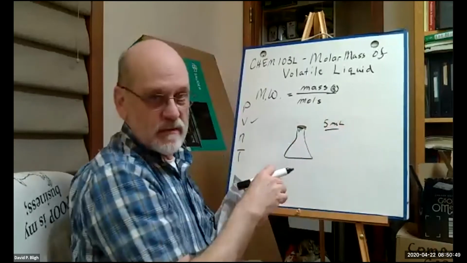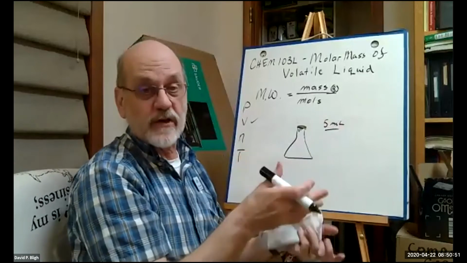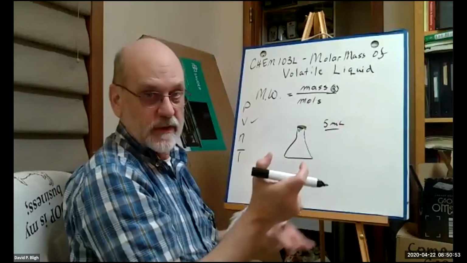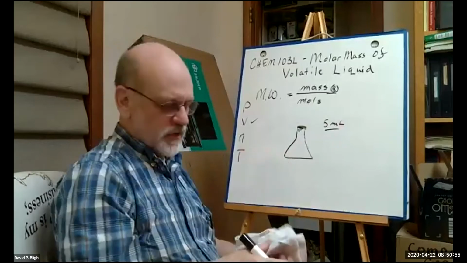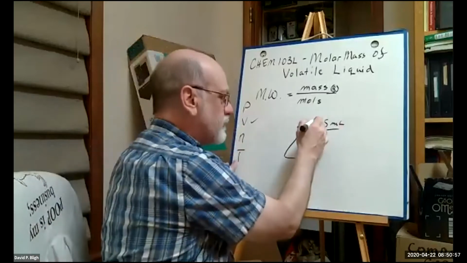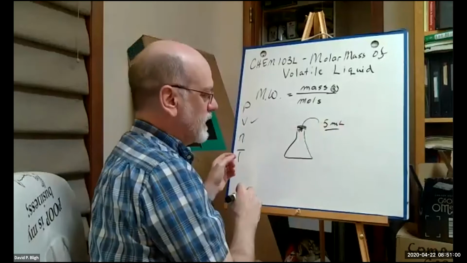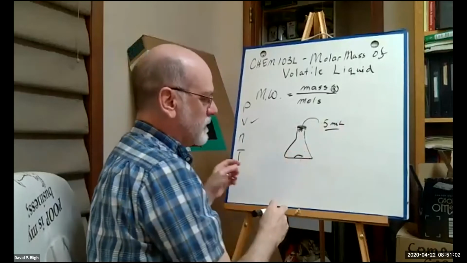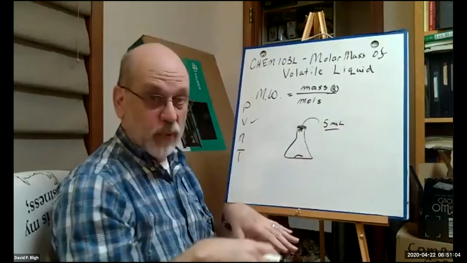And that volume is approximate. It doesn't matter how much. Just 5 milliliters is a good place to start. So we put 5 milliliters of the unknown in here, right? It sits on the bottom. And then you submerge it in boiling water.